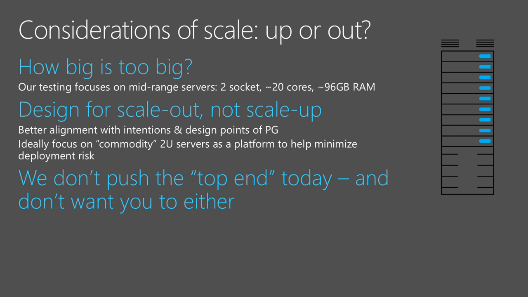A 2-socket machine, so 2 processors going into the box. Those processors have 10-ish processor cores on them, so about 20 processor cores total. And the machines that we have deployed currently have about 96 gigs of RAM in them. So the closer you can get to that, the better off you'll be from a deployment experience perspective and in terms of reducing risk of running into performance problems. We do see customers regularly run into problems when running Exchange on larger hardware. So just be aware of that.